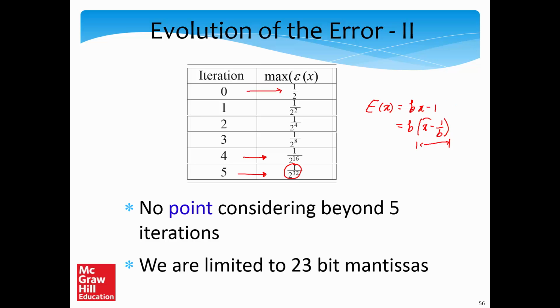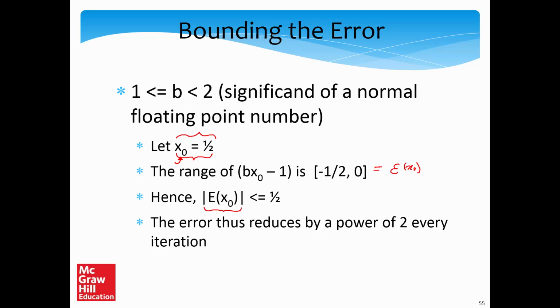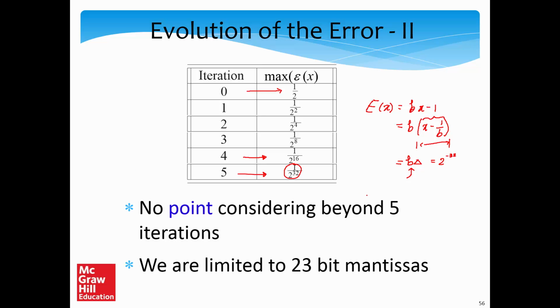That is essentially the difference between what we want to compute, 1 by b, and what we currently have. So basically you can say that this is b times delta, where delta is the difference. So if b times delta is, let's say, equal to 2 to the power minus 32, and b itself is a number, so what was the bound on b again? The bound of b was between 1 and 2.